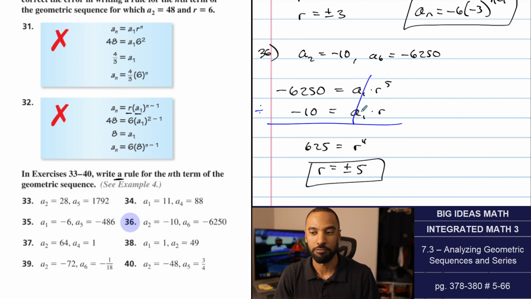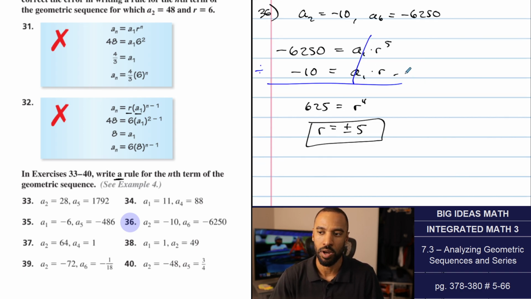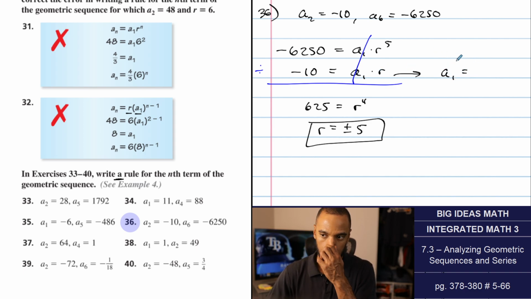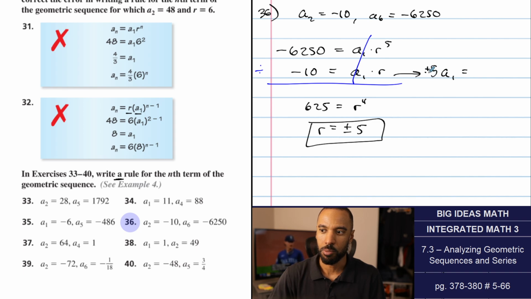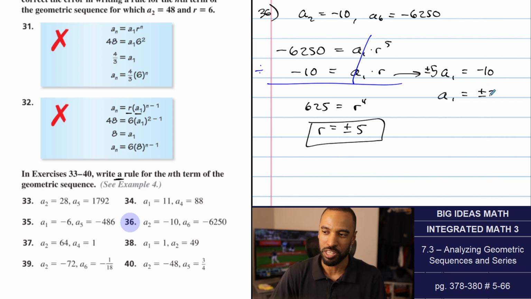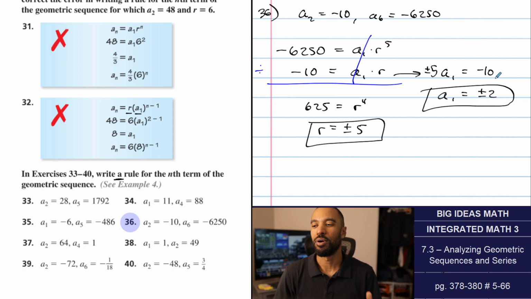Now, I haven't found my first term yet, so you have to substitute into one of these, like this one here. r can be either plus or minus 5. So a sub 1 times plus or minus 5 can be -10. When you divide by plus or minus 5, a sub 1 is either positive 2 or -2. Now, it depends.